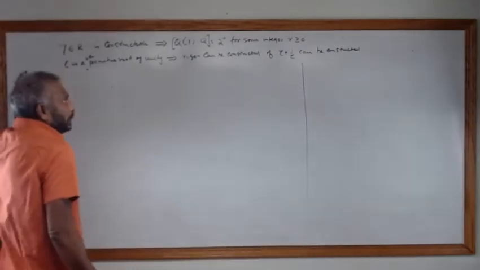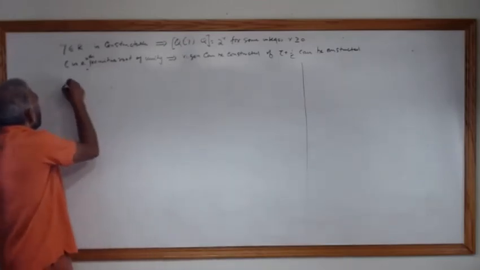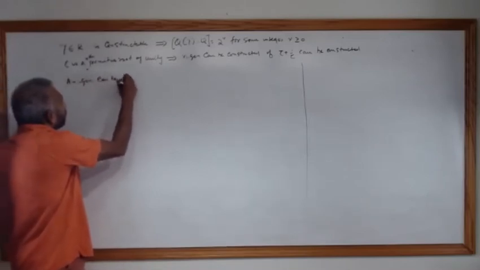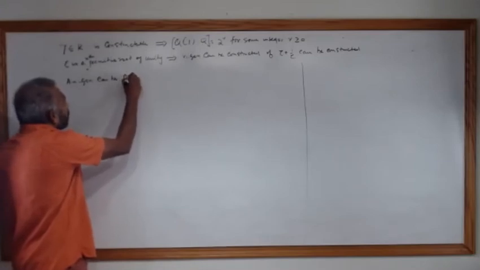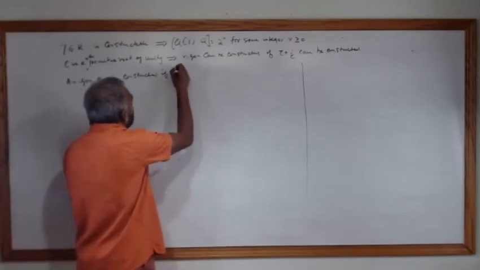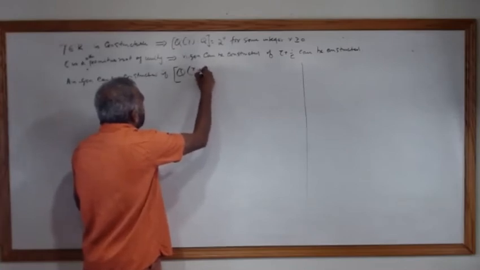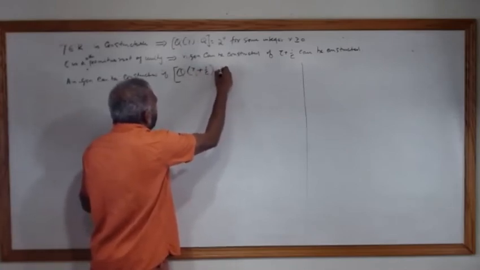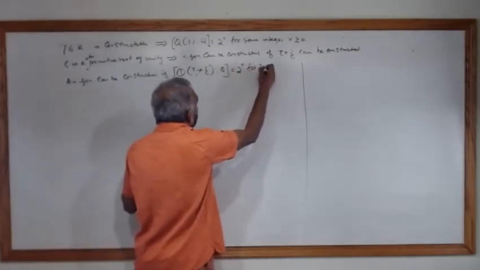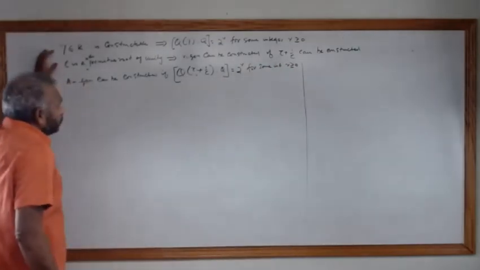So if we combine these together, what we get is an n-gon can be constructed if the degree of the simple extension Q(zeta plus 1 by zeta) over Q is equal to 2 to the power of r for some integer r greater than or equal to 0.